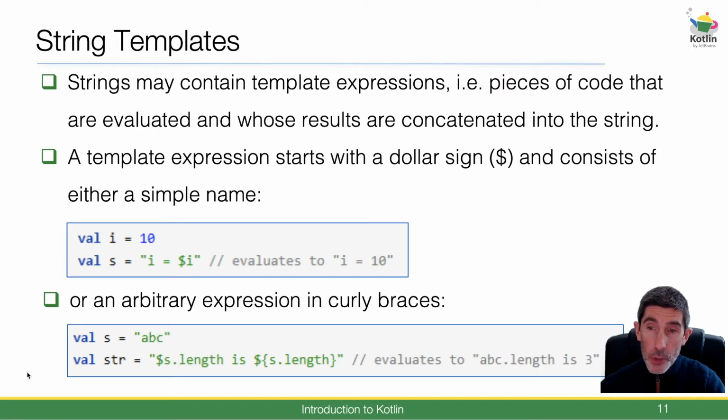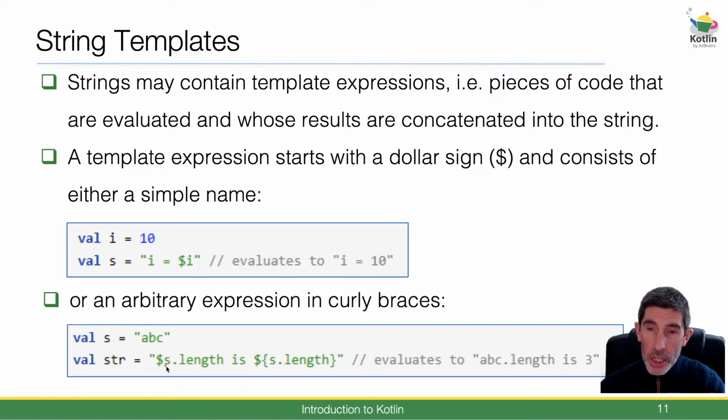Or we can use an arbitrary expression in curly braces, and again we've seen a few examples of this in previous slides. Here we are looking at it in a little bit more detail. We have our val s, giving it an initial value of ABC, and then we say val str is assigned double quotes, $s.length. So there we are, just a simple expression, $ curly brackets s.length, embedded inside the overall string.